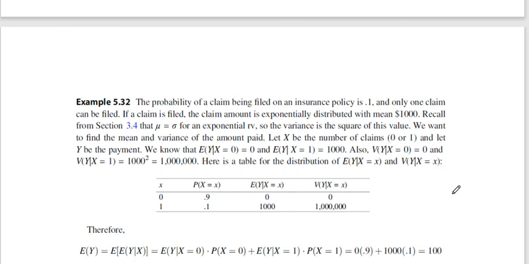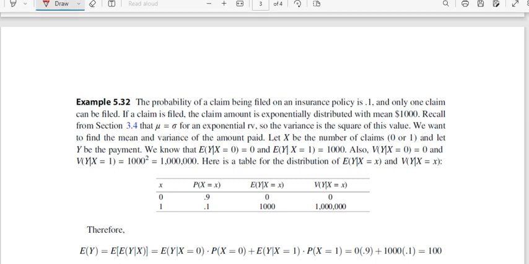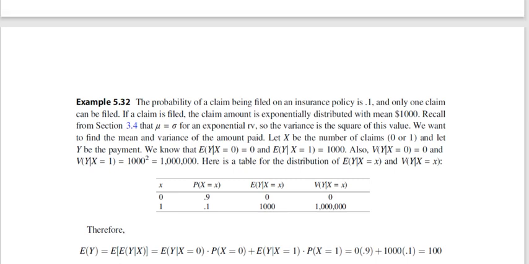So here we have another example. Let's say the probability of a claim being filed is 0.1. Okay, so for car insurance, filing a claim means a car accident happens. So a car accident happening can be 0.1.